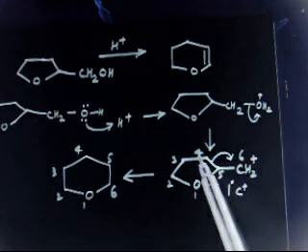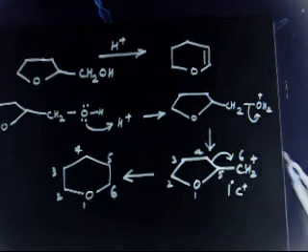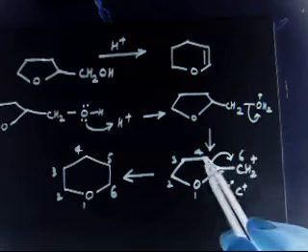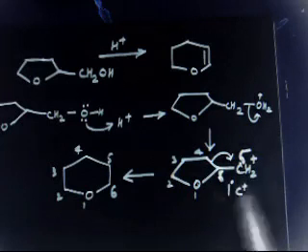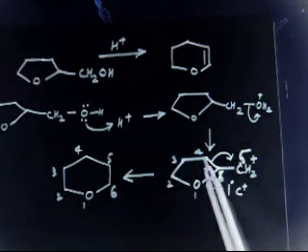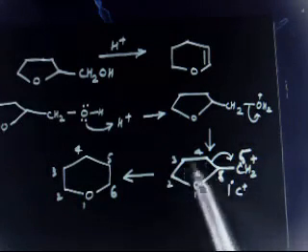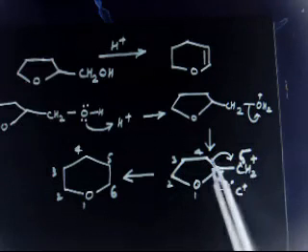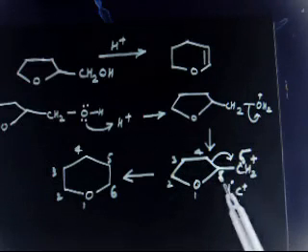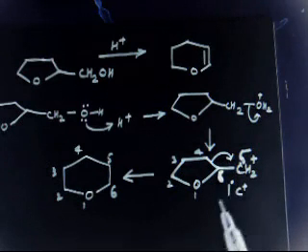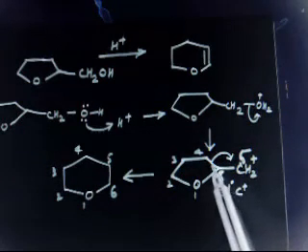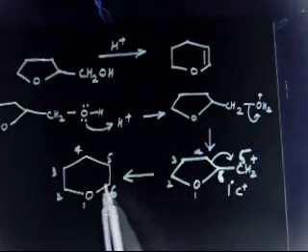This is 4, and then I have to write 5 this one, because this carbon is connected to this carbon, so this is 5 and this is 6. So now you see, if this goes here, carbon number 6 will have a positive charge.